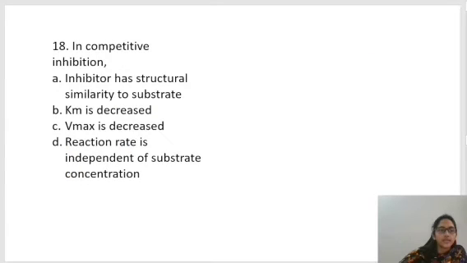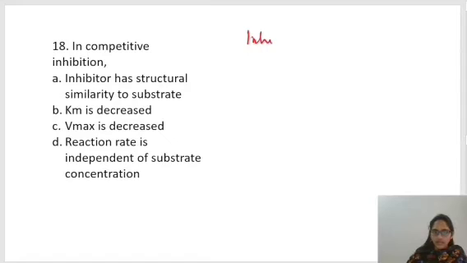In competitive inhibition, the inhibitor has a structural similarity to the substrate; Km is decreased, Vmax is decreased, reaction rate is independent of substrate concentration. What do you think can be the answer? What happens in competitive inhibition?